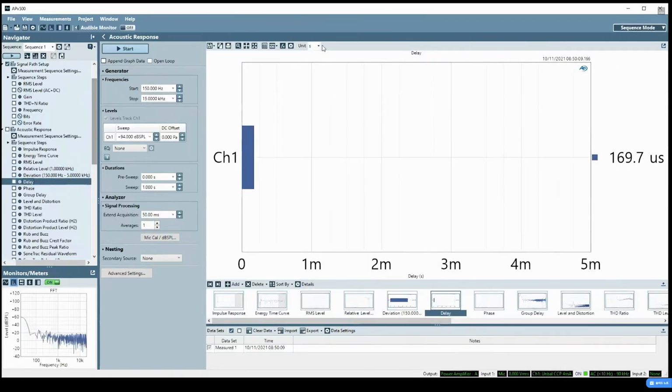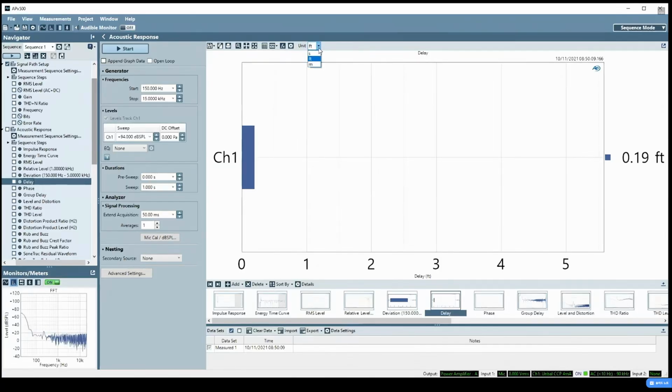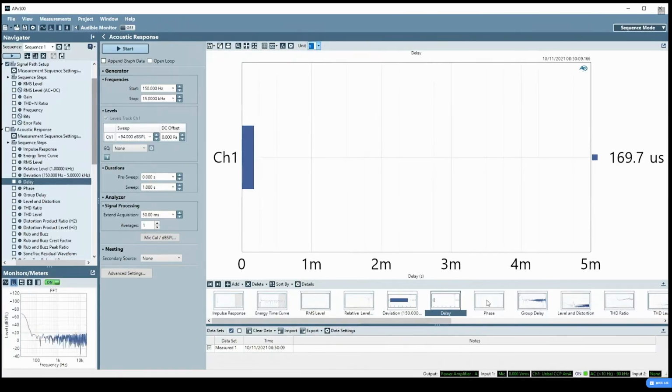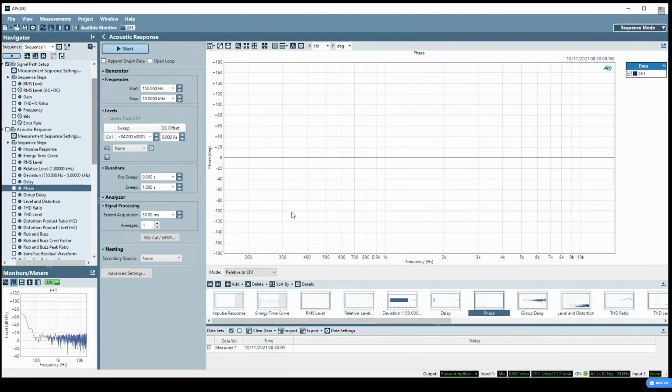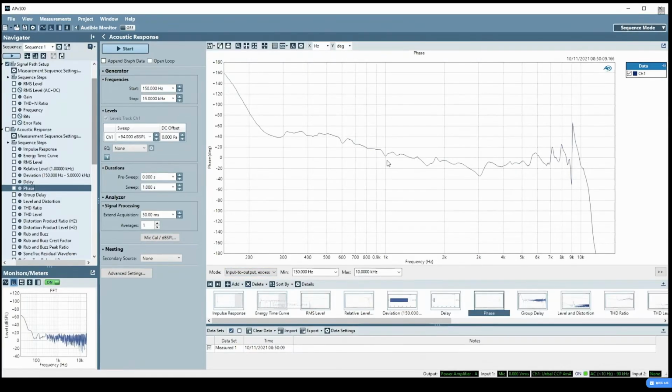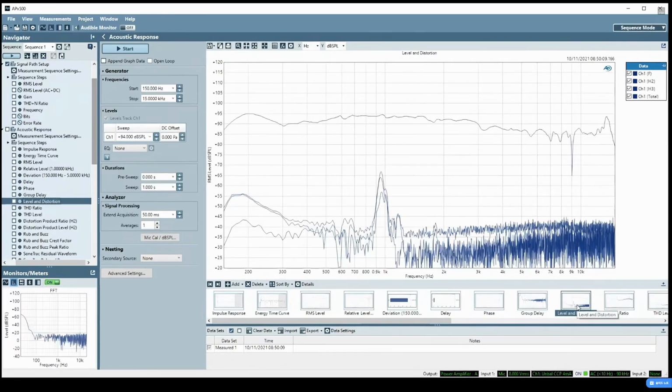Delay, which can be measured in time or in distance. Phase response. Using one channel, we've got our group delay, level and distortion.